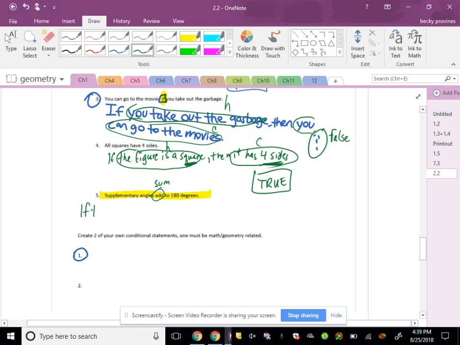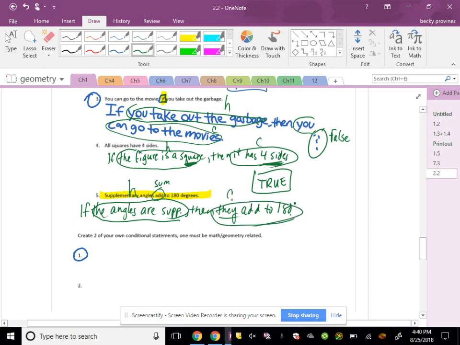So if the angles are supplementary, then they, and I can say they because we already know who they is, then they add to 180 degrees. Okay, let's circle the first part for your hypothesis and the second part for your conclusion.